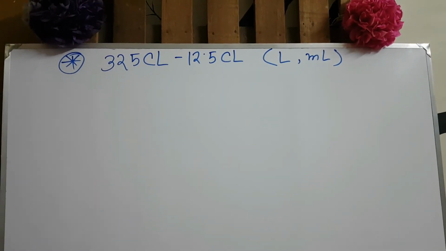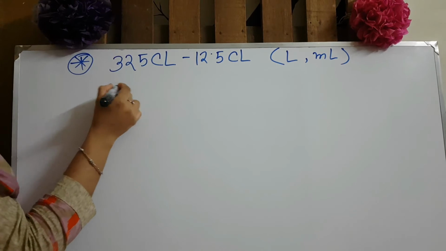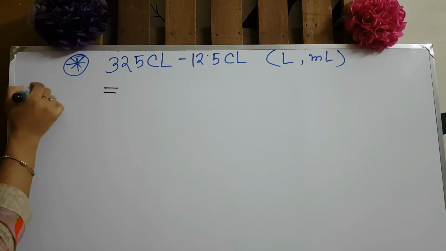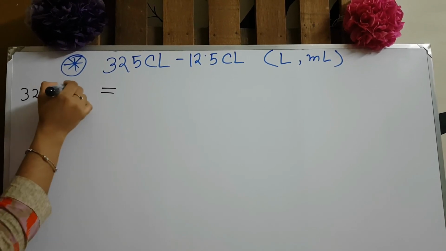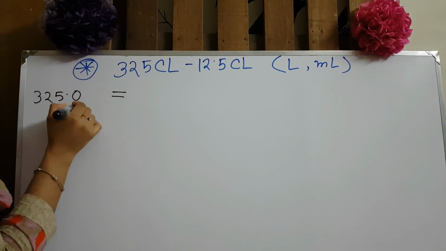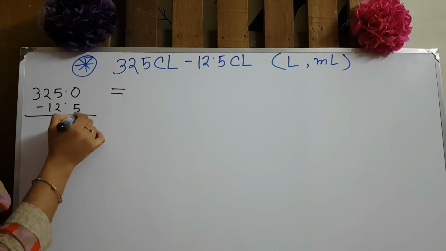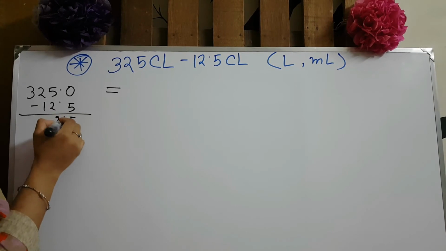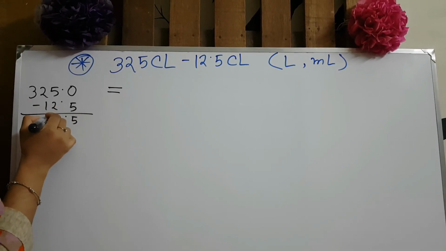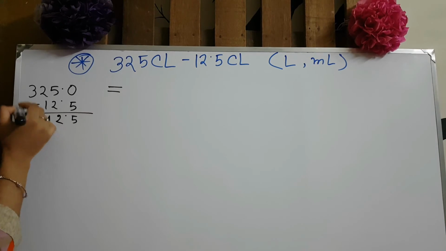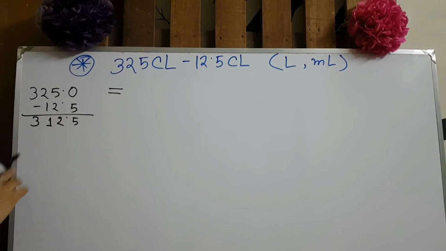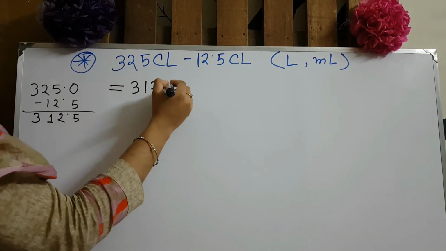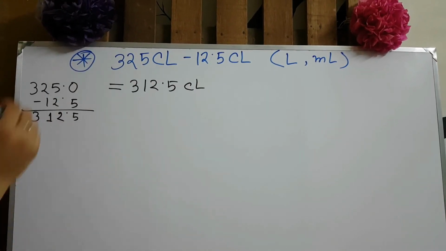First of all, we will subtract them in our rough work. 325.0 minus 12.5 gives 312.5 centiliter.